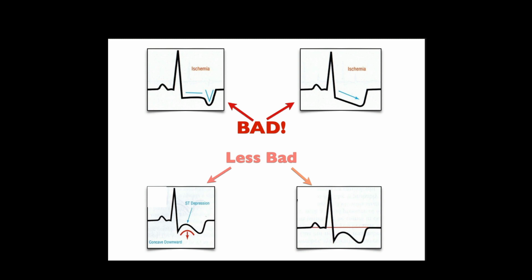So this is much more likely to be indicative of ischemia, and this particular pattern, which we'll look at in spring, is much more likely to be because of something like left ventricular hypertrophy. You don't need to know that specifically now, but the depression itself is benign under those circumstances.